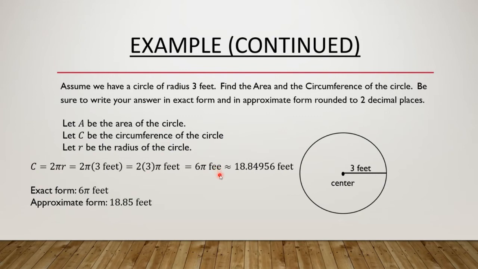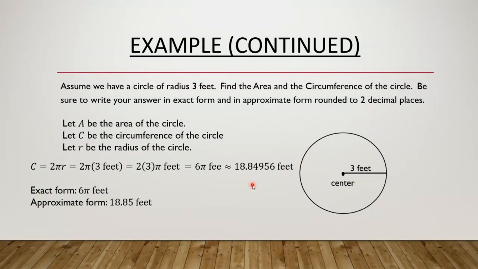Just like we did before, you want to use the pi key in your calculator, and then you multiply by 6, and you'll get about this. Notice again, I said to round to 2 decimal places.